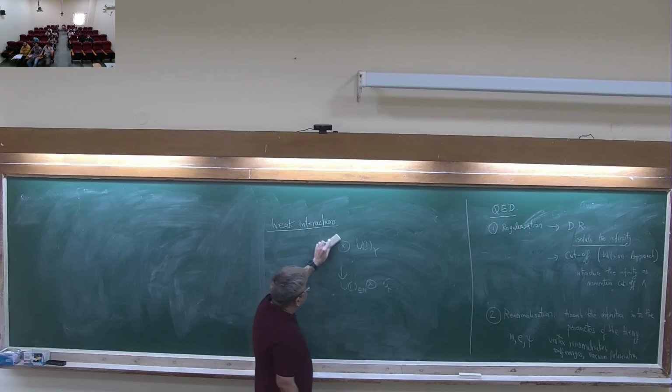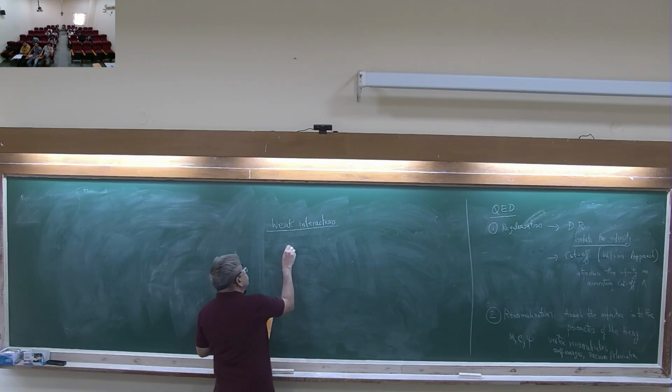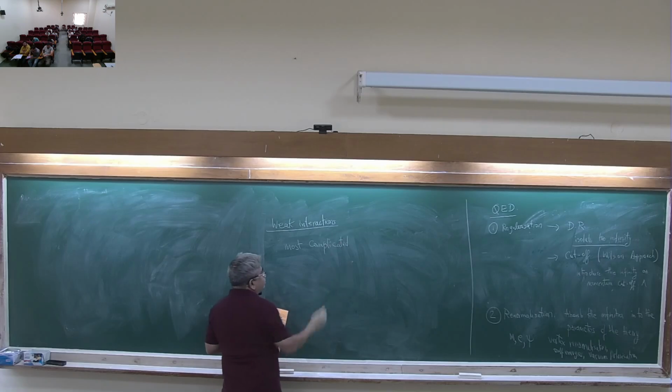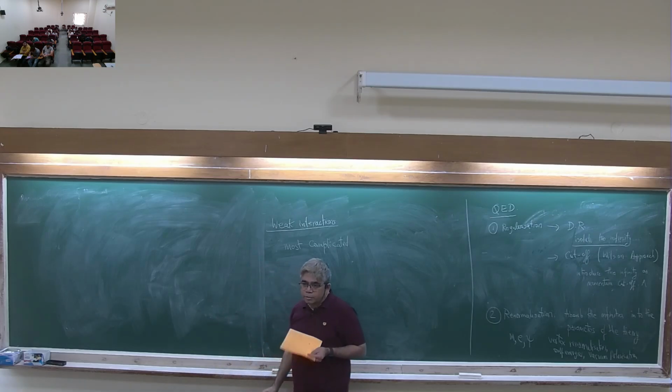Okay, weak interactions. This is the most complicated renormalization. I know some of my friends will hate me saying this, but it's true. It's much more complicated than QCD.